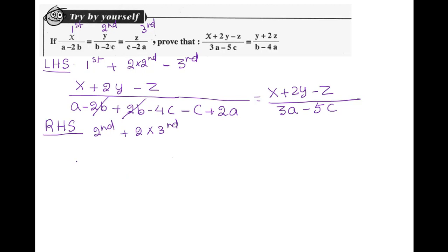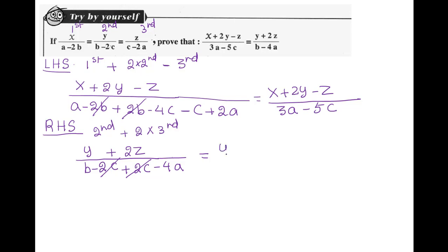Now let's see what's going to happen. My second term is y over b minus 2c, and I'm going to add to it 2 multiplied by the third term, which is 2z, over 2 multiplied by the third term, which is 2c, minus 4a. This is going to give me here positive 2c and negative 2c.